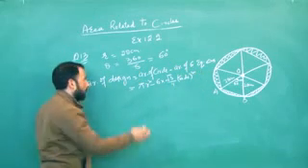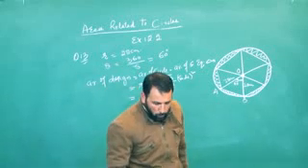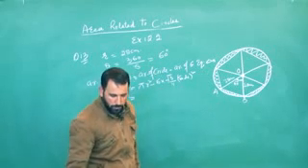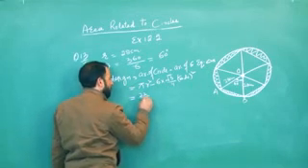So what is the area of a circle? It is pi r square. We can use pi as 22 divided by 7.